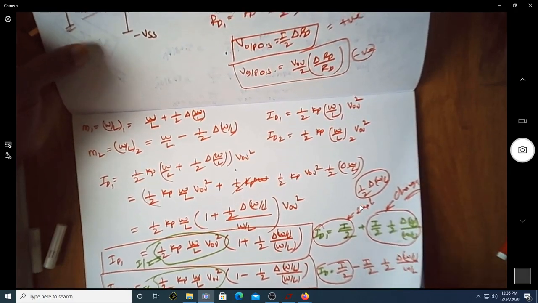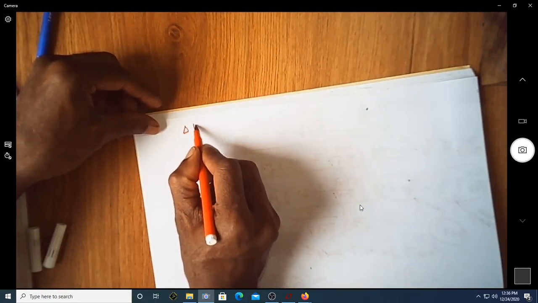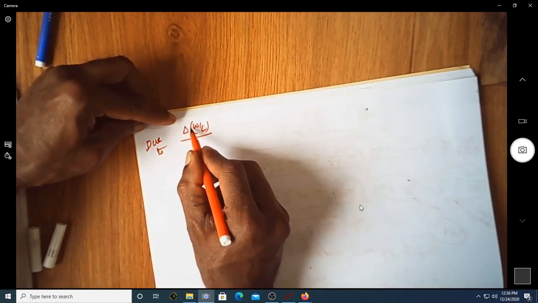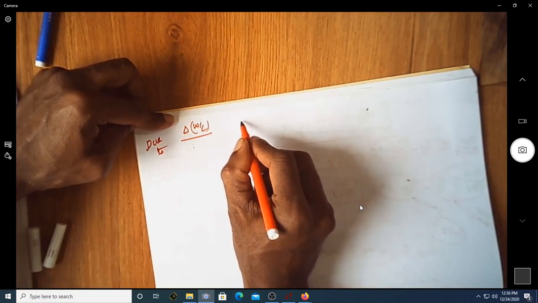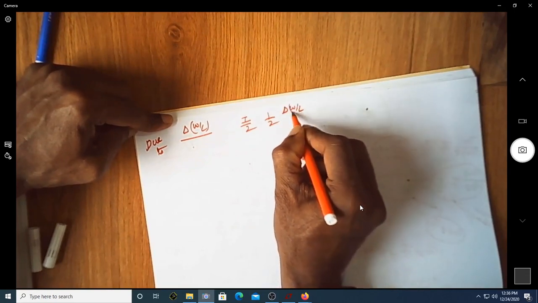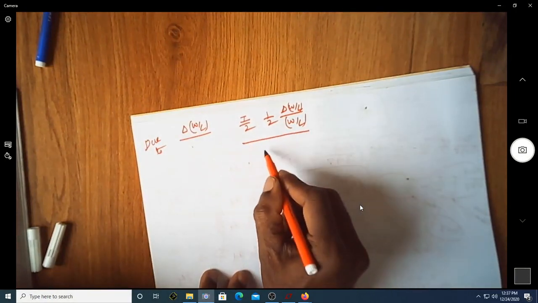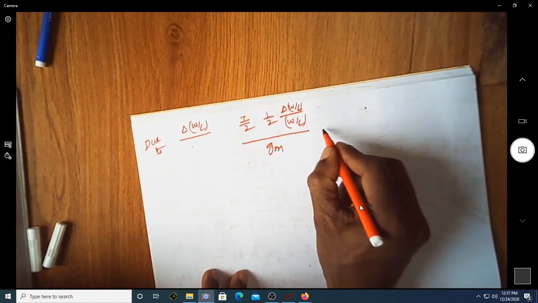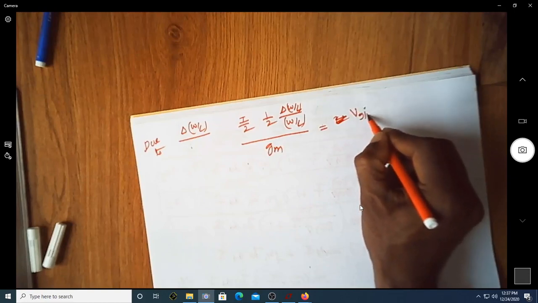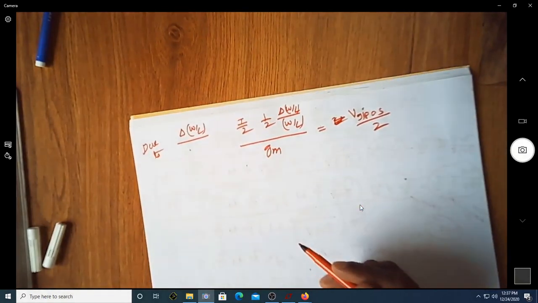Meaning, the change in current due to delta W by L is I by 2 times half of delta W by L divided by W by L. If I divide this by Gm, I will actually get half of the input offset voltage required to overcome this change in current.